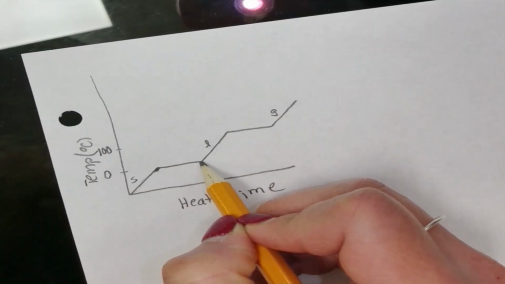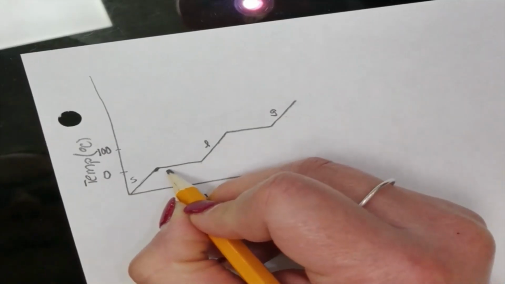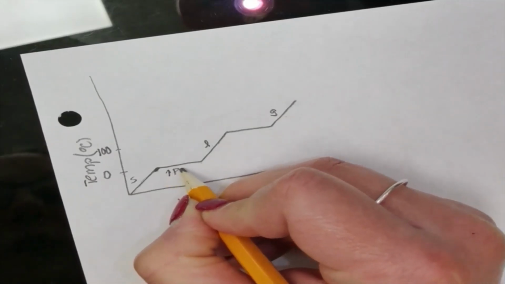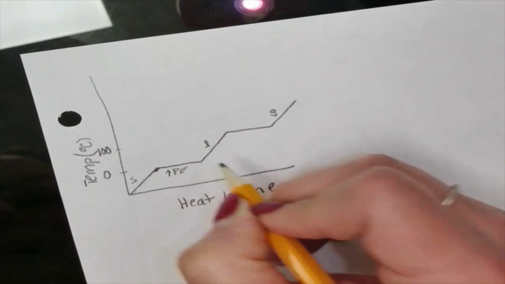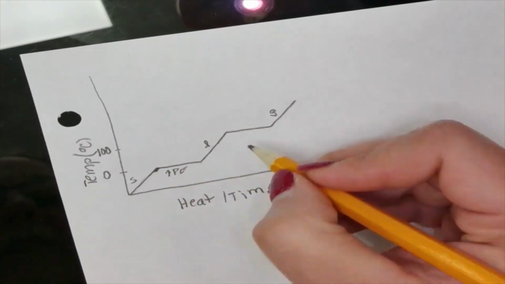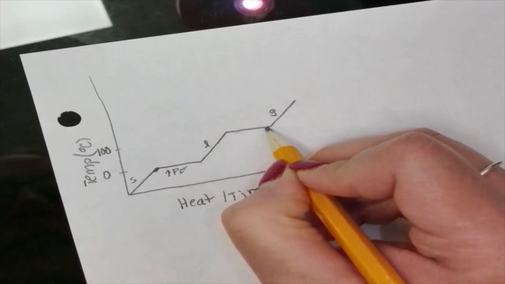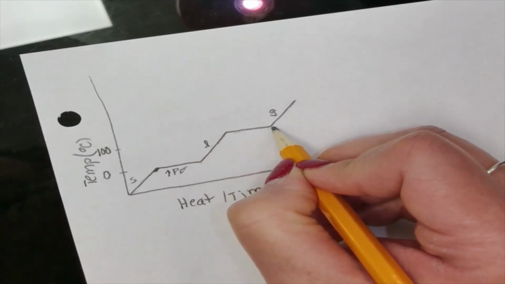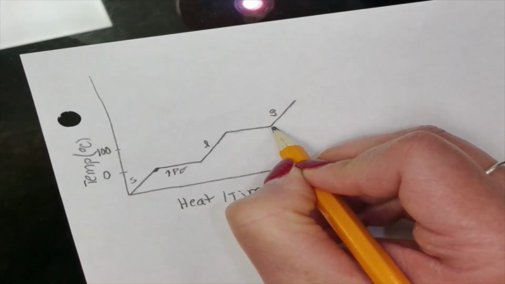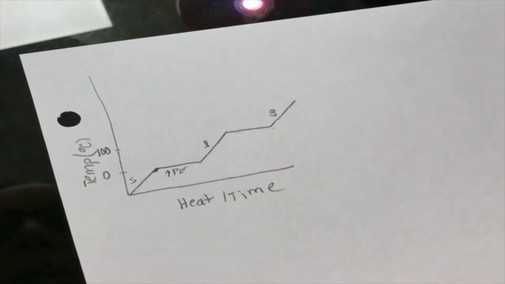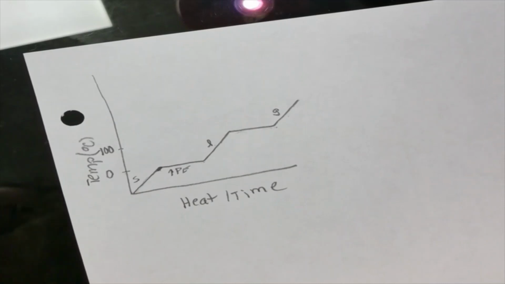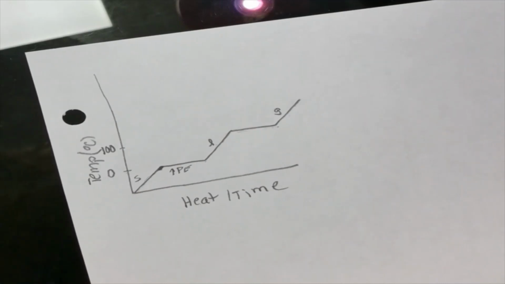We've already seen that this is an increase in potential energy as we go from a solid to a liquid. When I go from my liquid to my gas, this is our vaporization. We've looked at this heating curve already, but let's talk about it now in terms of calculations.